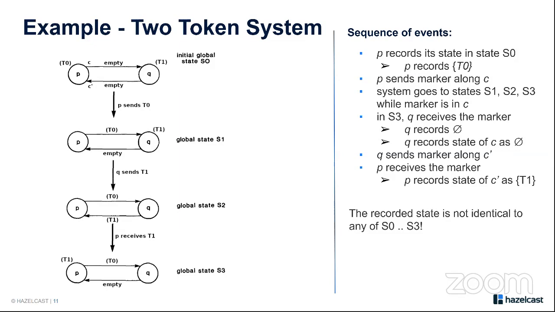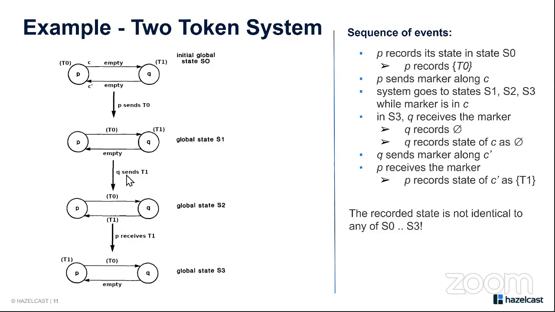But as I will explain, we can permute the events in the sequence of events to a degree when the events occur in two different processes, because the processes are still parallel. They act independently. So whether P sends T0 first or Q sends T1 first doesn't matter.